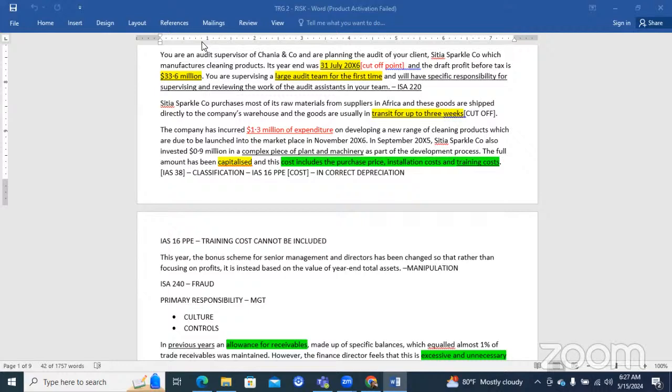But try to understand, cutoff is an assertion that we test for the income statement, an income statement element. For the balance sheet, we are not testing cutoff. Yes or no? Asset is a balance sheet item. Then why are you testing the cutoff assertion on an asset? You can test cutoff on an income statement element. Is it clear?